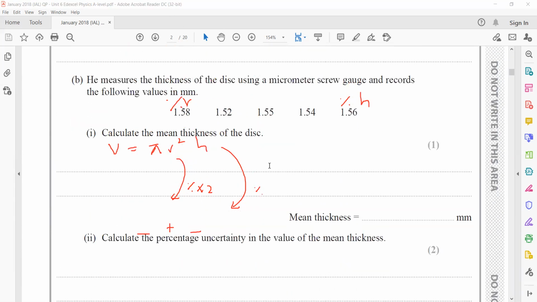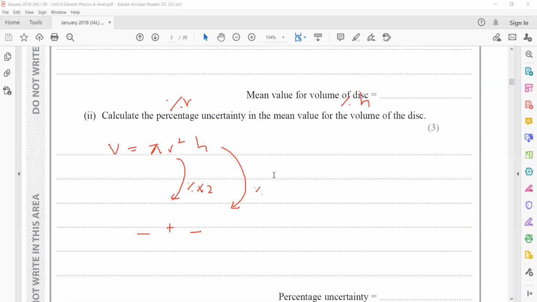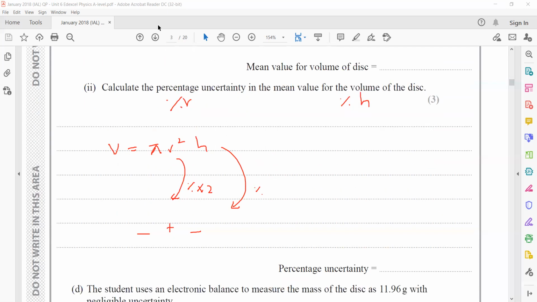So 0.1 divided by 32.5 into 100, that will give us the percentage uncertainty in diameter. And volume is pi r square h, or area multiplied by height. So 0.1 divided by 32.5 into 100 will be 0.28%.